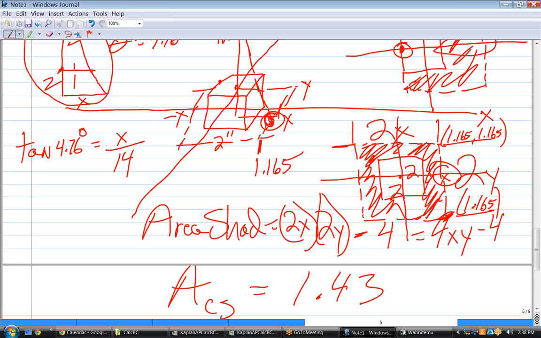Now, if my life depended on coming up with an answer for this, the next thing I would do is, if you look down here on the lower right where my cursor is, I would figure out what the shadow is when the light is above that corner, and I would figure out what the shadow is when the light is above that point there.